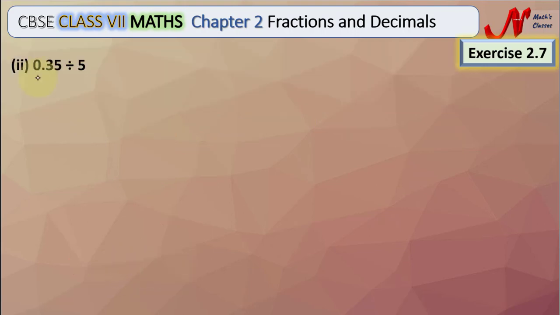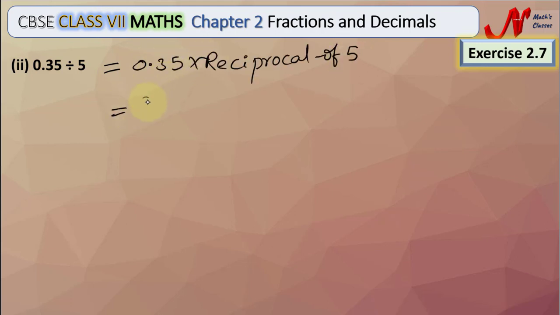Now we solve the second bit. It is given that 0.35 divided by 5. So it can be written as 0.35 into reciprocal of 5. 0.35 can be written as 35 by 100 because we have 2 digits after the decimal point. Reciprocal of 5 means 1 by 5. We can cancel: 5 ones are 5, 5 sevens are 35.